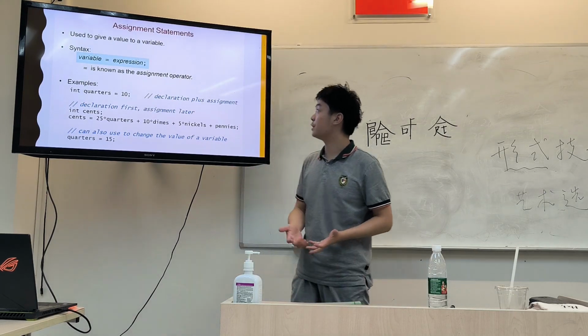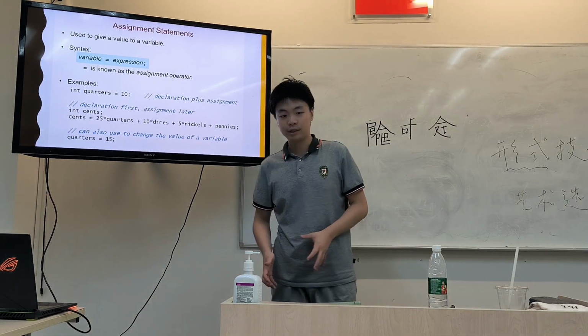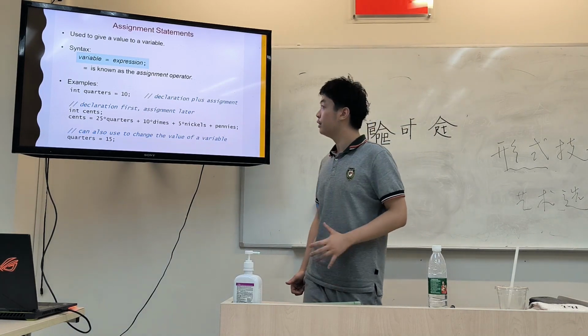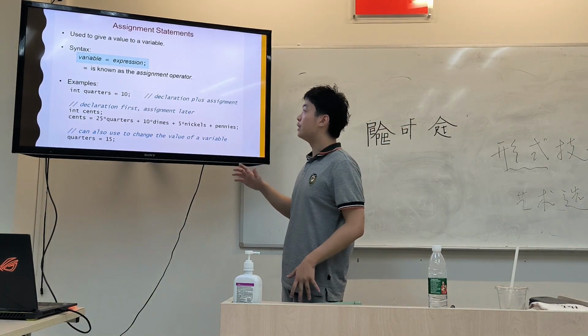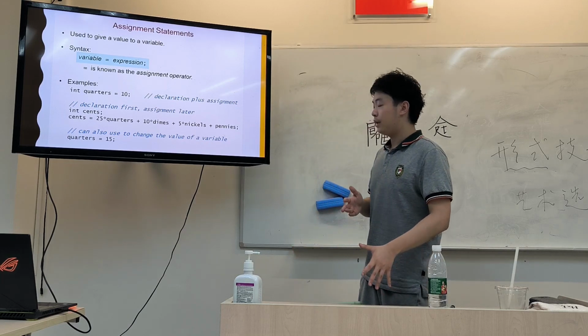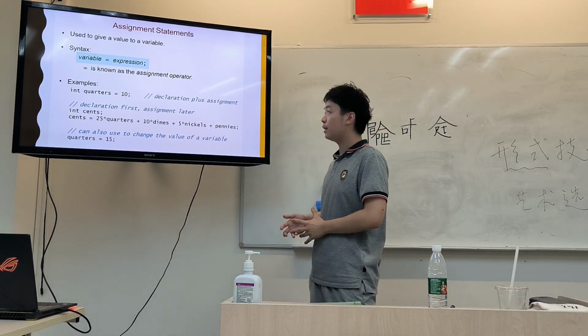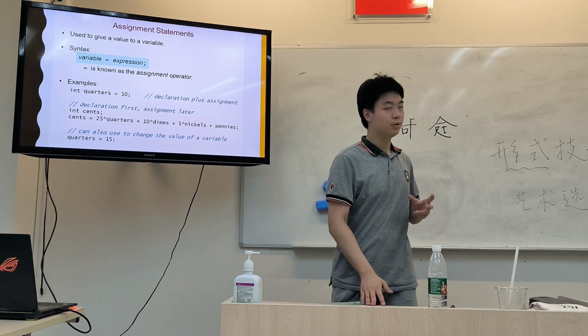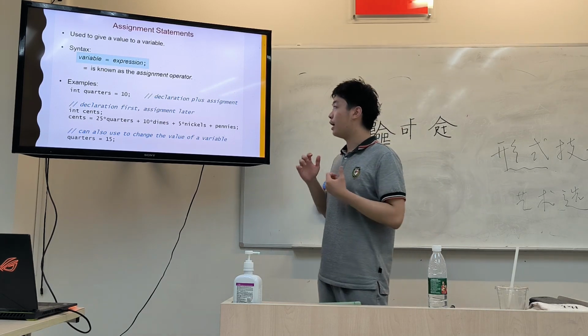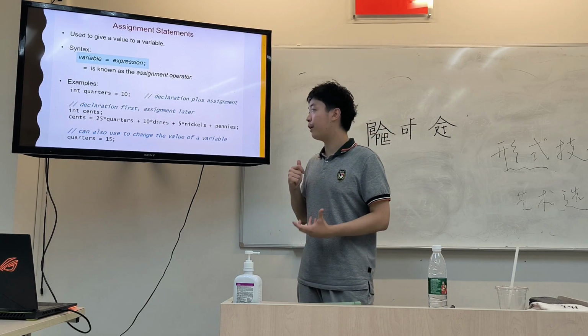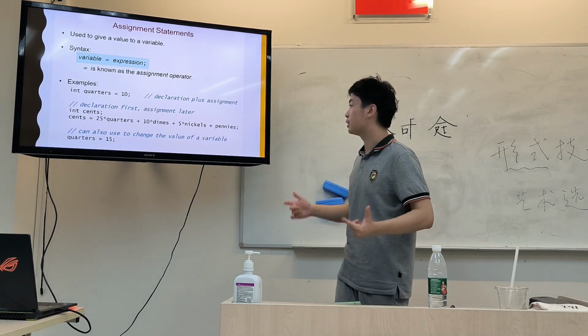The next one is assignment statements. Assignment statements are used to give a value to a variable. The syntax is an equal sign, with the variable you want to give the value on its left side, and the expression on the right side. It could be a value or another variable.